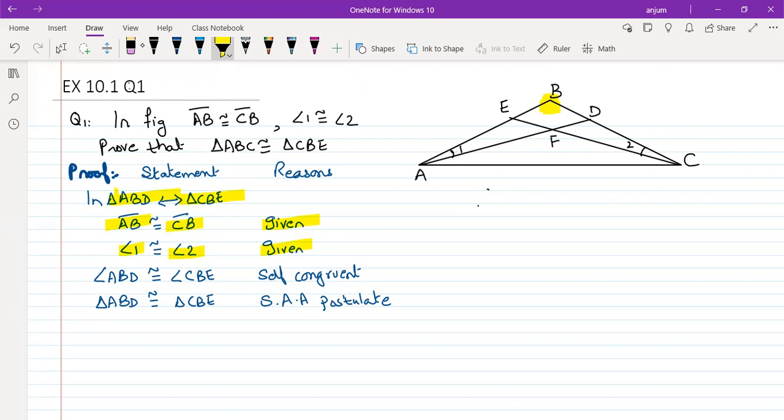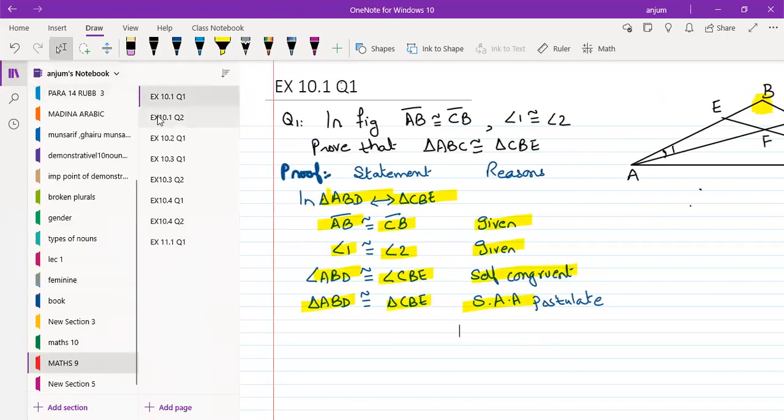So by the reason of self-congruency, these two angles are also congruent. So by the side angle side postulate, triangle ABD is congruent to triangle CBE. In this way, we have proved that these two triangles are congruent to each other.